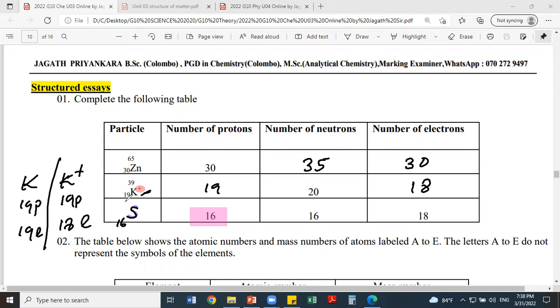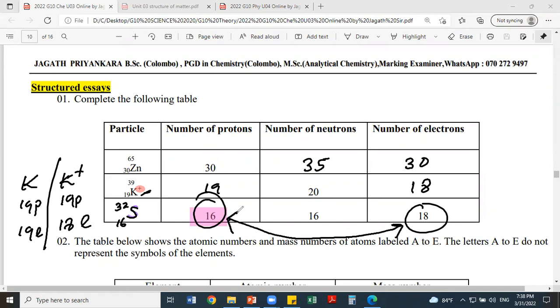Now, mass number, who can tell me the mass number? 16 plus 16, 32. So the mass number is 32. And how to check whether it's neutral or charged? Now you have to count the protons and electrons. If protons and electrons are equal, then it's neutral.